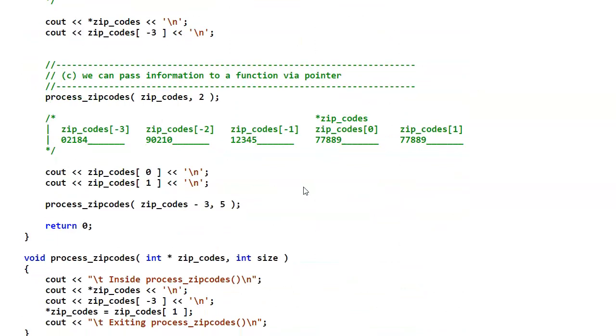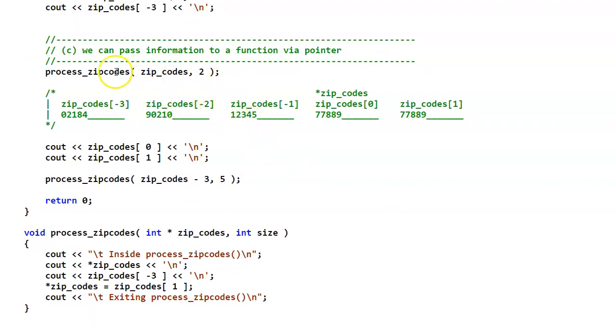So here we demonstrate a function call to function process zip codes, and the pointer is passed as the first argument of the function. And here we say, okay, we have 2, the size of this block of memory is 2.